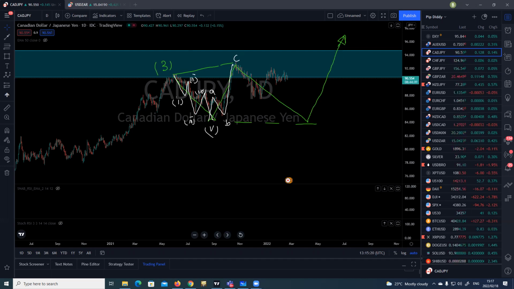Followed by 3 waves. This can be a 3 or a 5, right? But already this structure here, this correction that is playing out in the green degree, is an A, B, C corrective structure. So we are currently in this C leg.